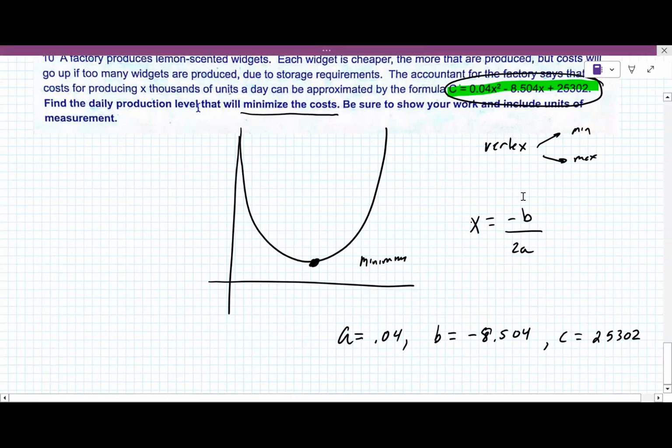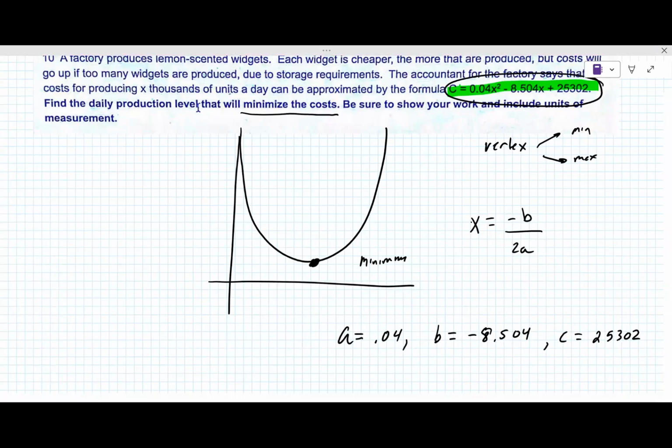I'd like you to calculate this for us, please. All right, the minus b over 2a.